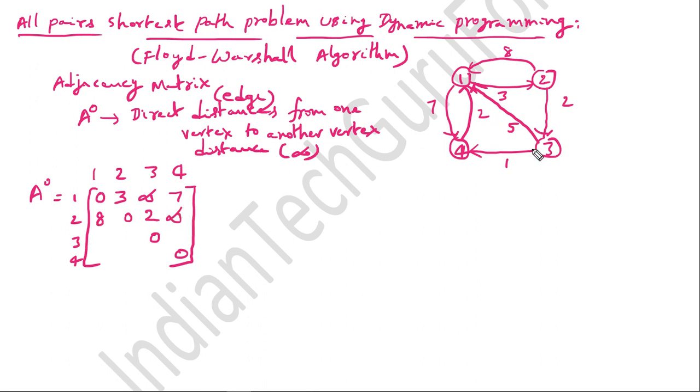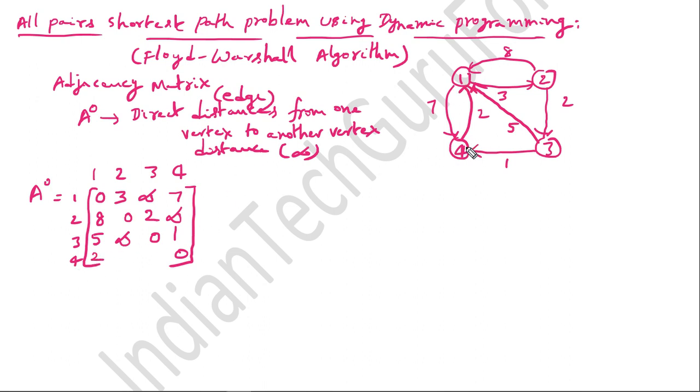Next, from 3 to 1, there is a direct edge and the distance is 5. From 3 to 2, there is no direct edge, so the distance is infinity. From 3 to 4, there is a direct edge and the distance is 1. And from 4 to 1, there is a direct edge, the distance is 2.